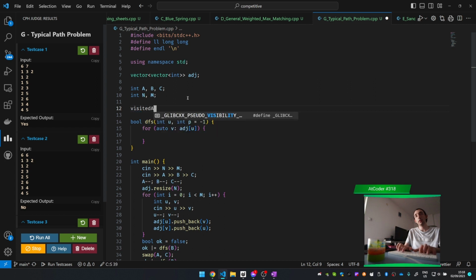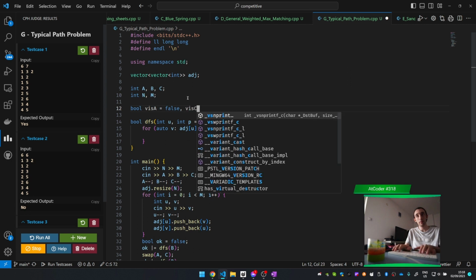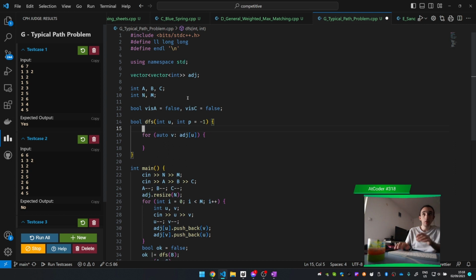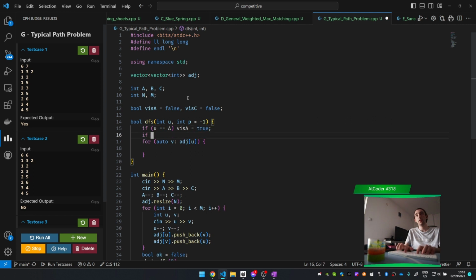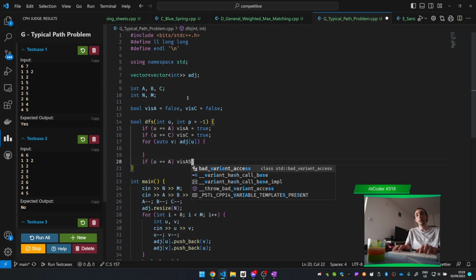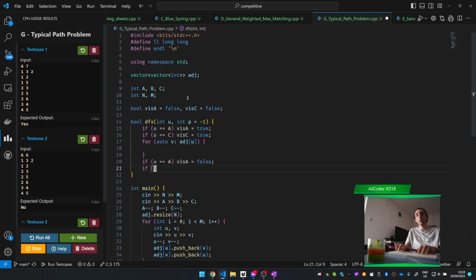So visited A, visited C is false. If u is equal to A, then this A is true. If u is equal to C, this C is true. If u is equal to A, this A is false. If u is equal to C, this C is false.